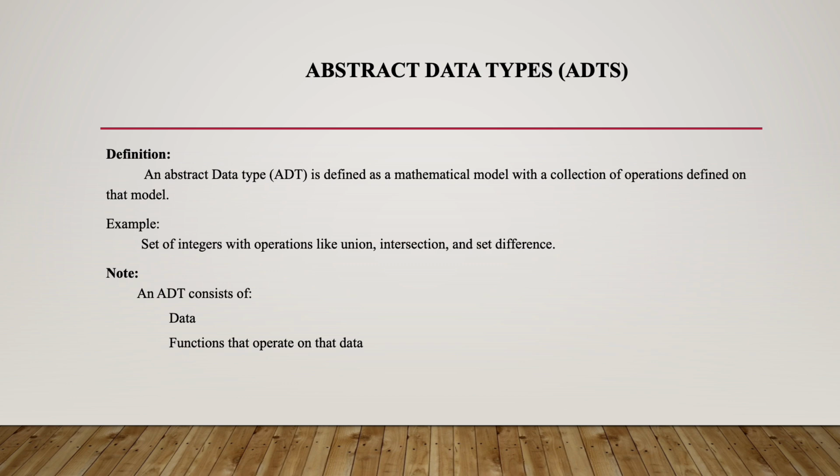So the key thing to remember about the ADT is that it tells us what we can do with the data, but it does not tell us how those operations are actually implemented behind the scenes. So an ADT describes the behaviors and rules for working with the data, without worrying about the details of coding or memory management.